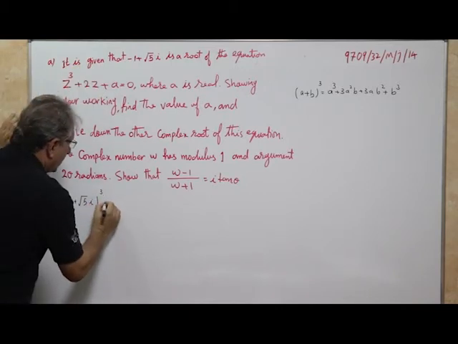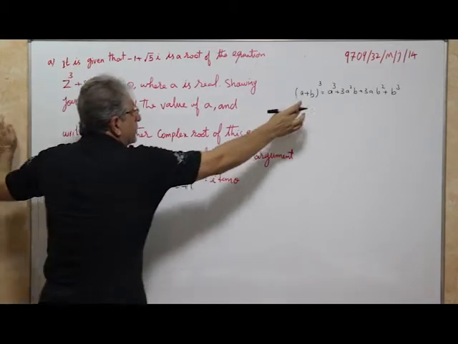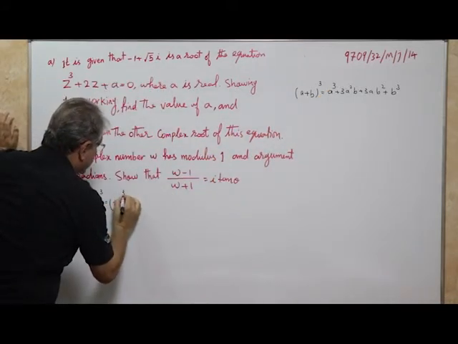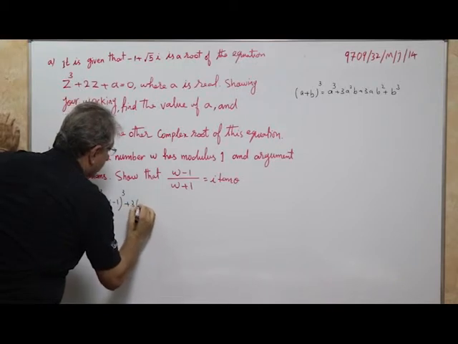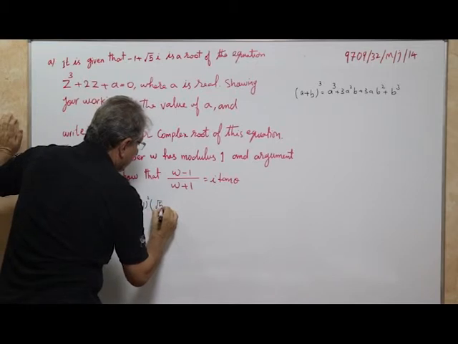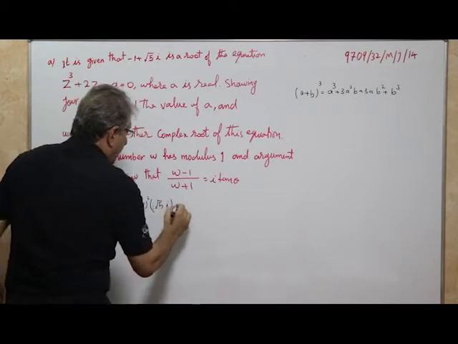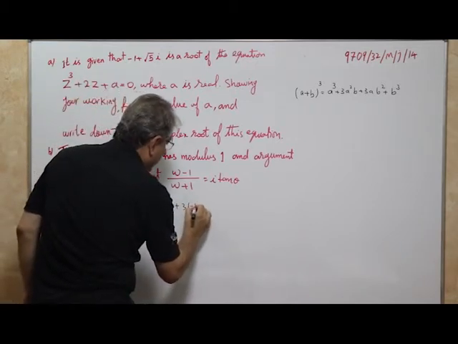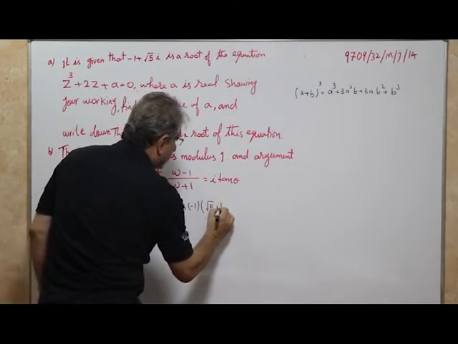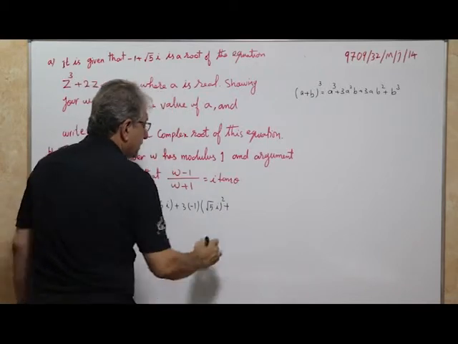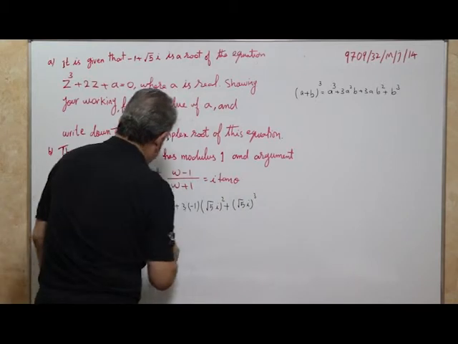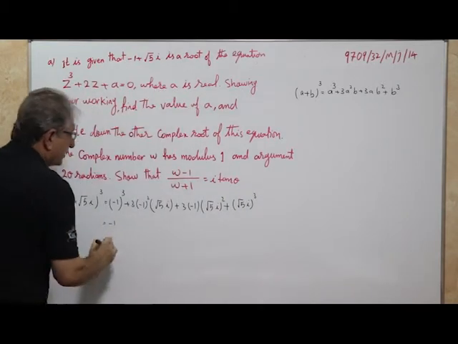Therefore, this will be (-1) to the power of 3, plus 3 times (-1) to the power of 2 times square root of 5i, plus 3 times (-1) times (square root of 5i) squared, plus (square root of 5i) to the power of 3.